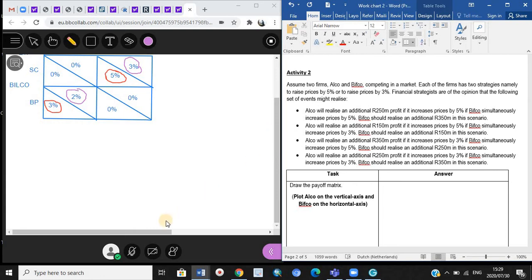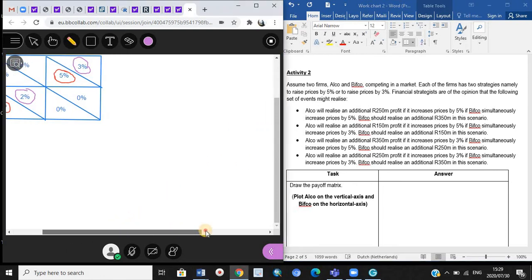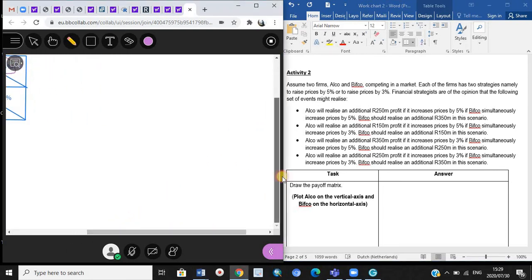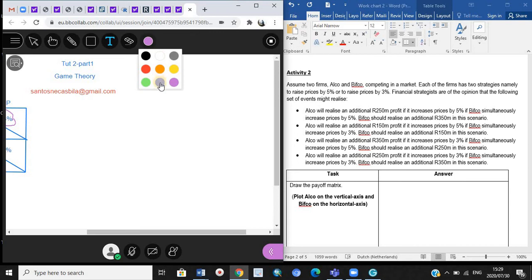The logic behind is the same. We are just going to draw our payoff matrix.